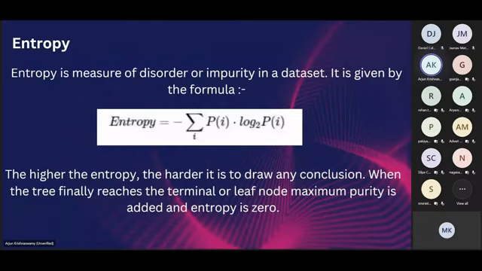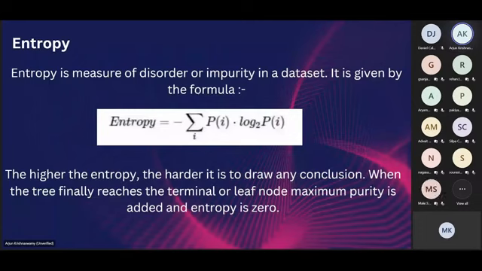And the formula for entropy is minus summation pi log pi. Here pi is the same pi we used for Gini impurity, which is the proportion of the ith class label, or the probability that a person belongs to the ith class.